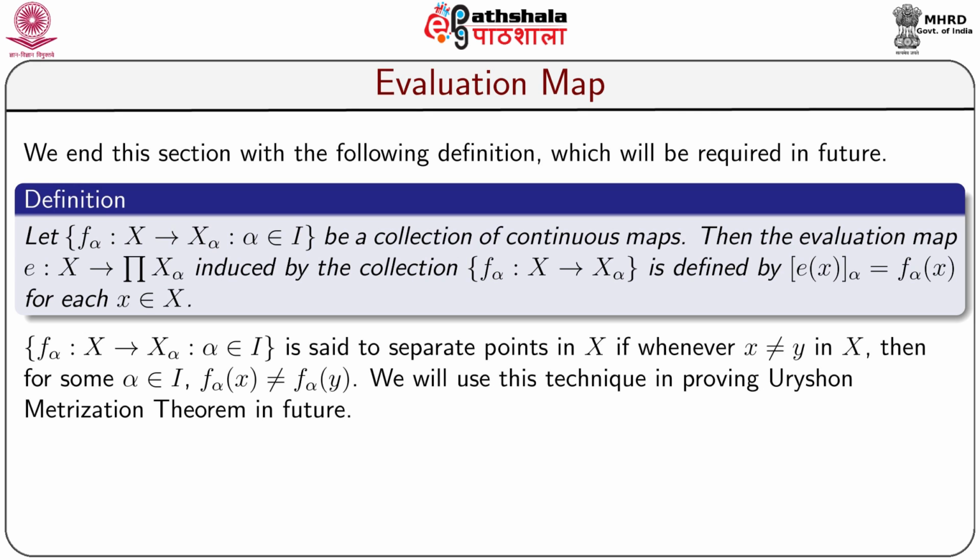That means the collection F alpha is said to separate points if at least in some coordinate F alpha of x and F alpha of y are different. We will use this in proving Urysohn's metrization theorem in future.